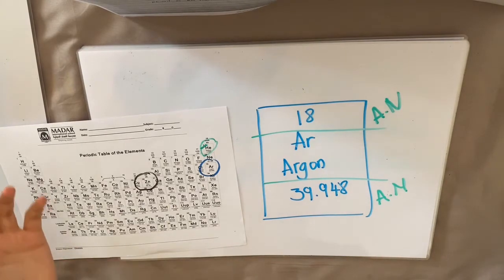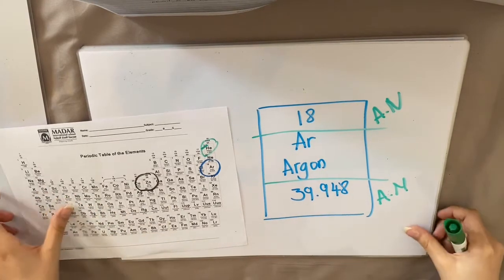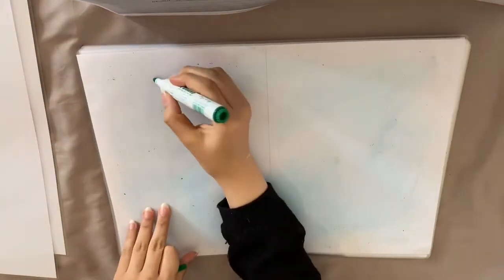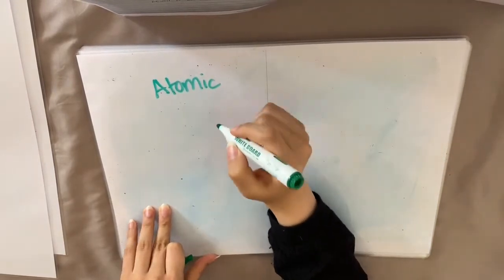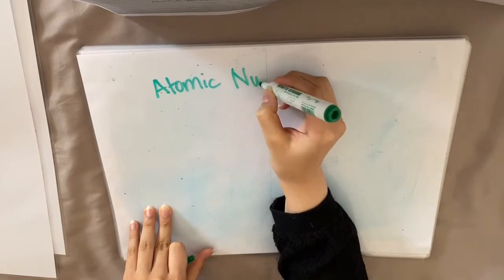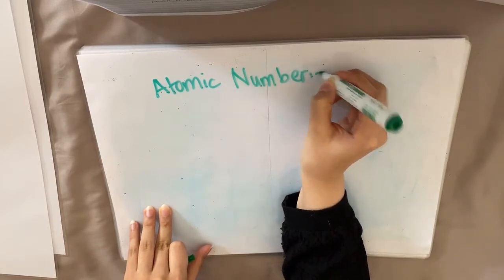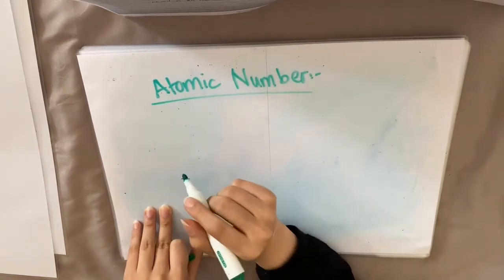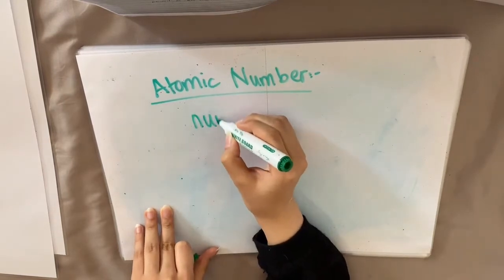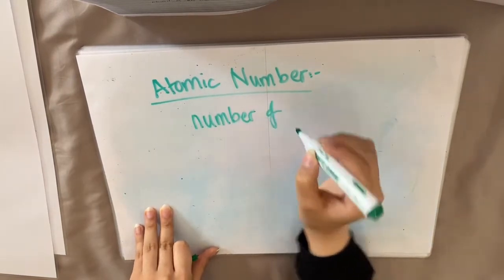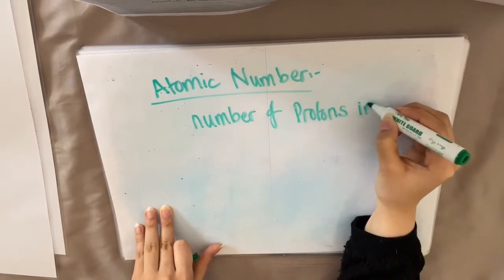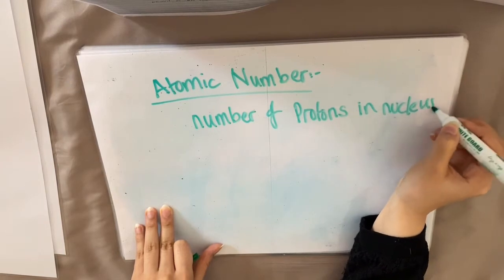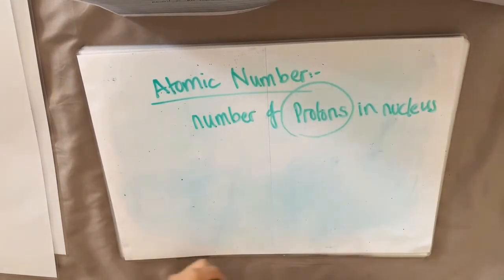But what is an atomic number? Or what is an atomic mass? Let's take a look and see. An atomic number, do you remember what we said in the beginning of the video? What makes atoms different and what gives them different properties? The atomic number is the number of protons in a nucleus. So, we already know protons are the big boss here.